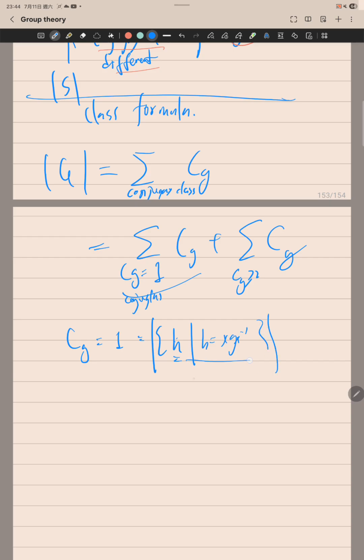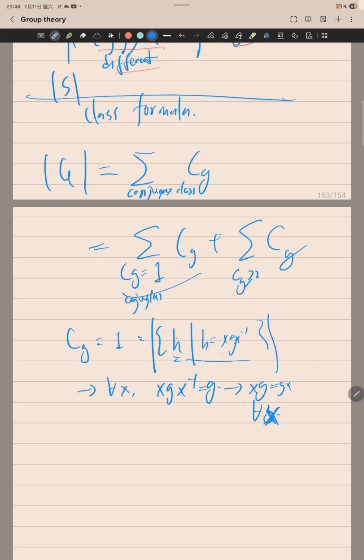But suppose there's only one element here. Okay, so this h must be g, because it must conjugate itself. This means that for every x, x g x inverse must be g, which is x g equals g x, for every x.